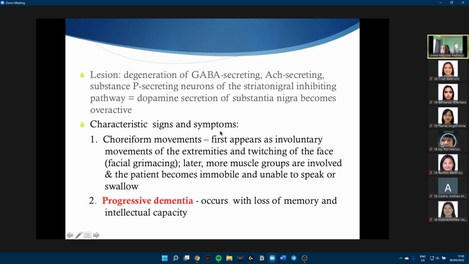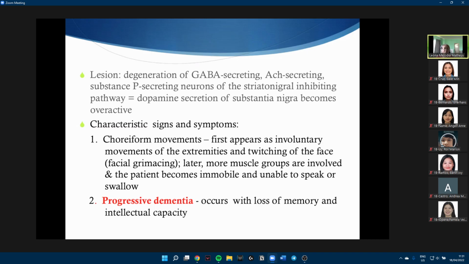You have choreiform movements, which usually first appear as involuntary movements of the extremities and twitching of the face. But later, when more muscle groups are involved, the patient becomes immobile and eventually unable to speak and swallow. Ayon.